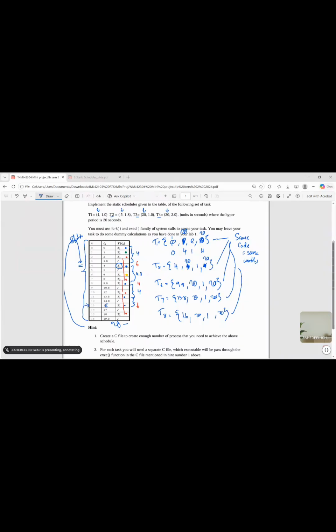Oops. Oh, it's blinking. Not enough memory or what? It's becoming too heavy, I mean, already.